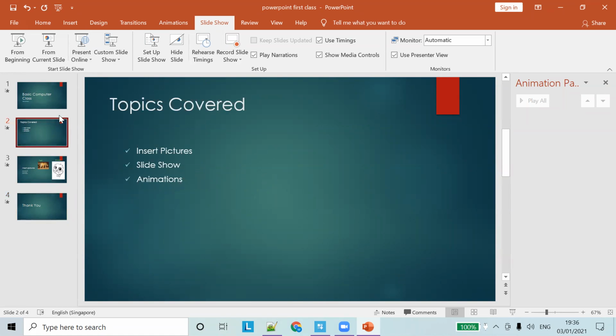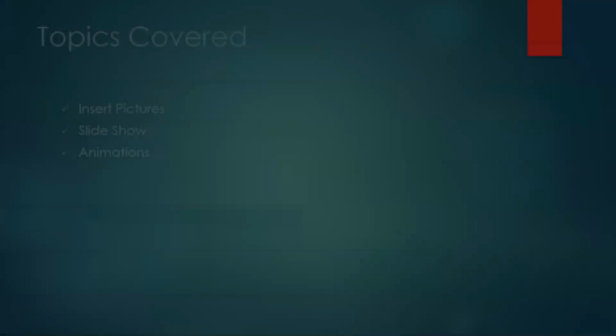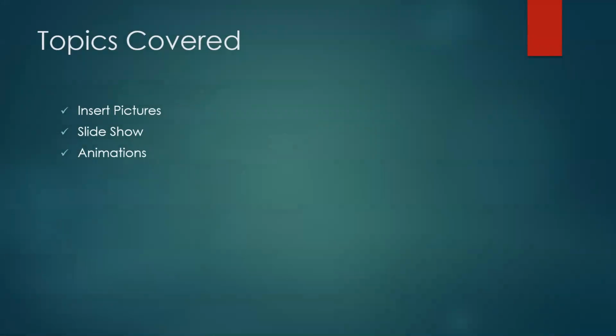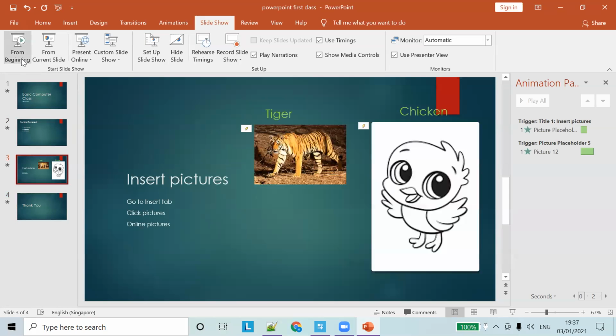When you say current slide, it starts from the second slide, so click on this and it directly goes to the second slide. So that's the difference between from beginning and current slide.